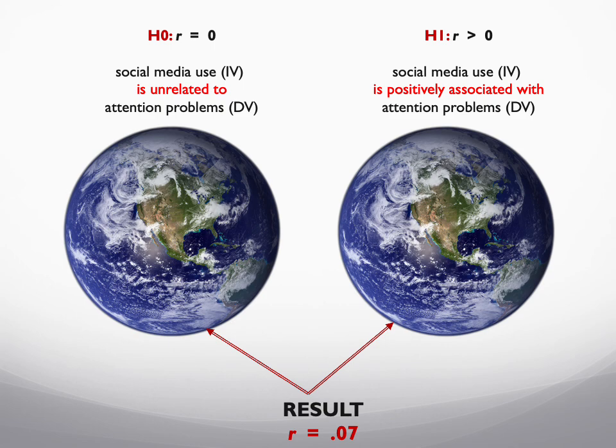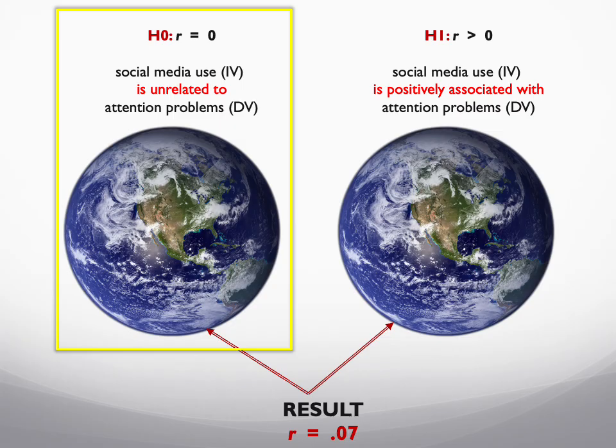My prediction is that I live in this world of the research hypothesis, but my statistical test is going to tell me, what is the likelihood, based on this result that I've obtained, that I live in this world of the null hypothesis? What is the probability, given the evidence that I've obtained, that I actually live in this world of no relationship between these variables?